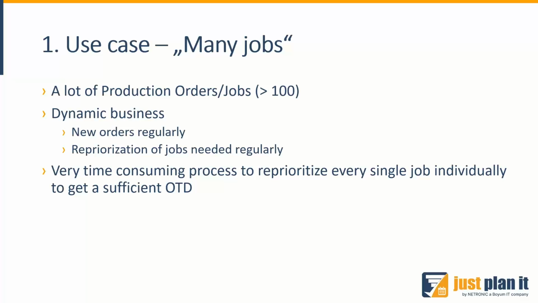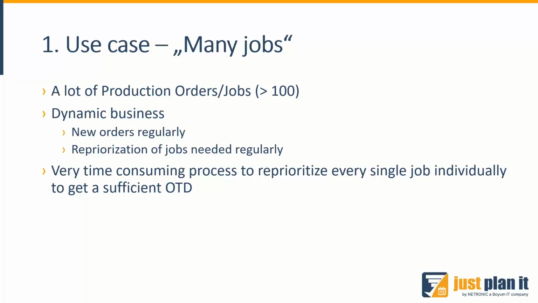If I would need to categorize the use cases of our Just Planet customers, you could easily come to the conclusion that it is either a use case with really a lot of jobs where each job has comparatively few operations, or the other use case, really complex, I would even call them projects, with very complex routing structures and accordingly a very big amount of operations. But now let's focus on the other side.